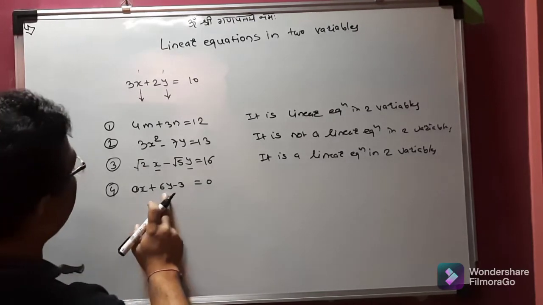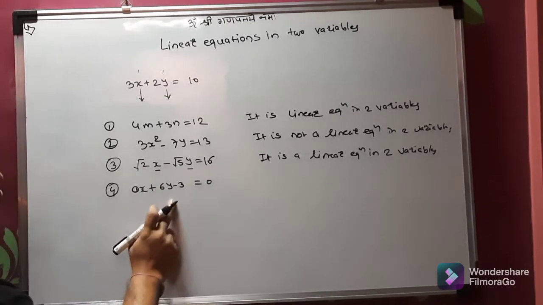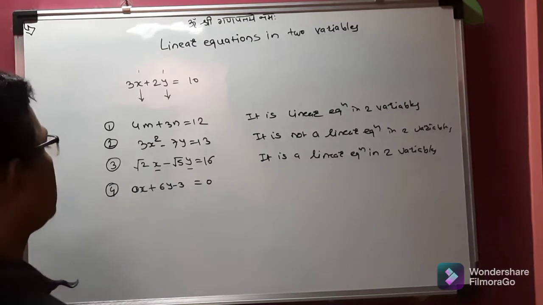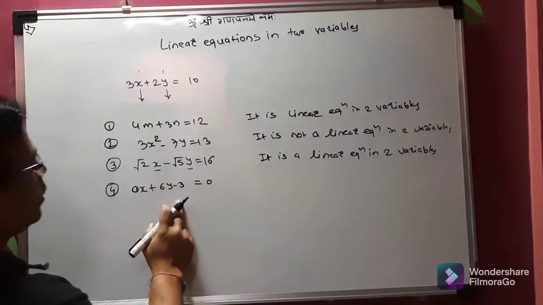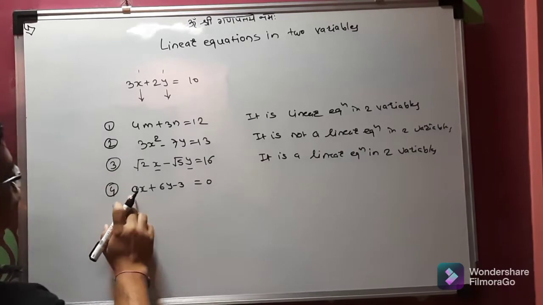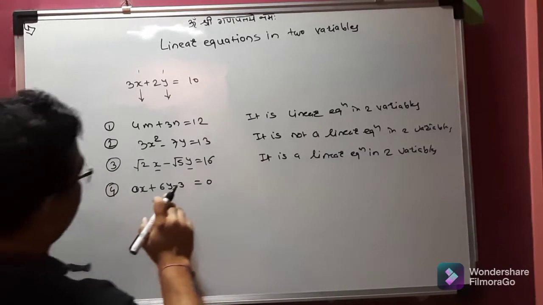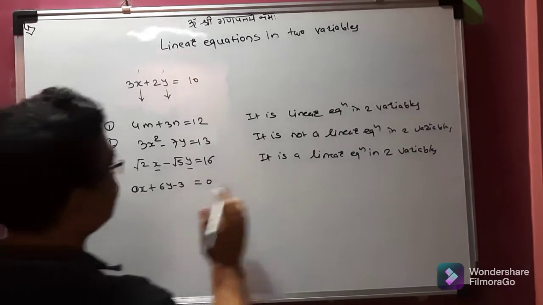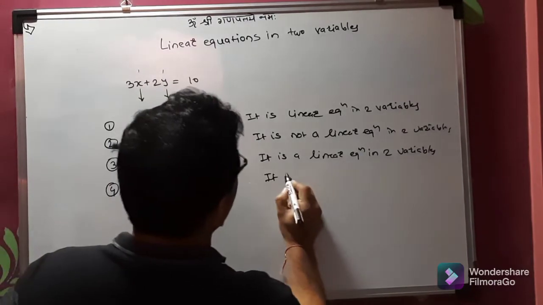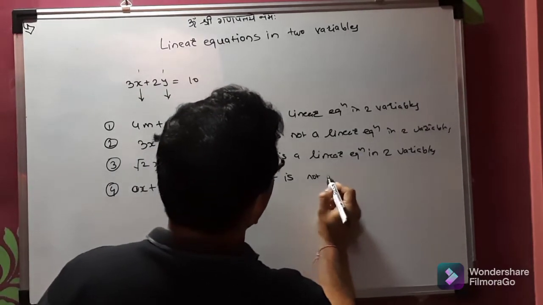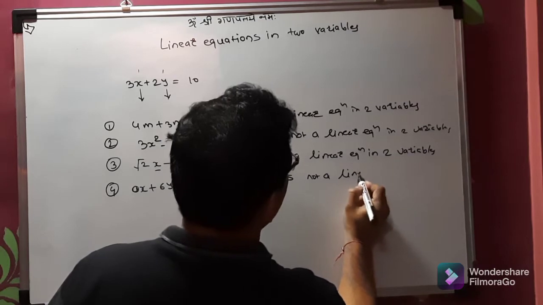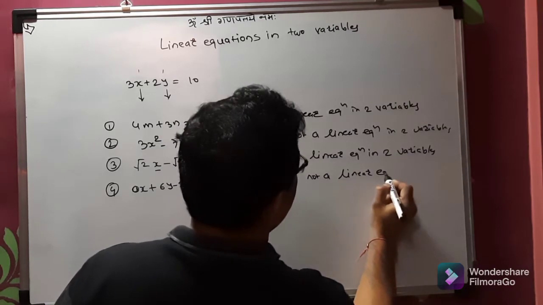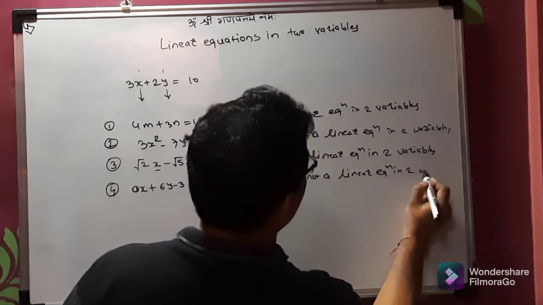So there is only one variable, that is y. There should be at least two variables with degree 1. So it is not a linear equation because 0 into x becomes 0, and only the y variable will remain. So it is not a linear equation in two variables.